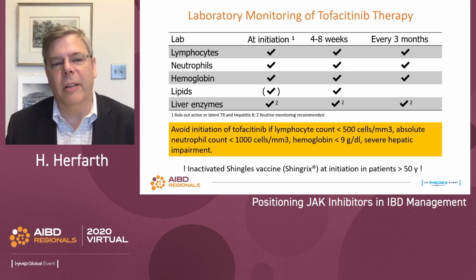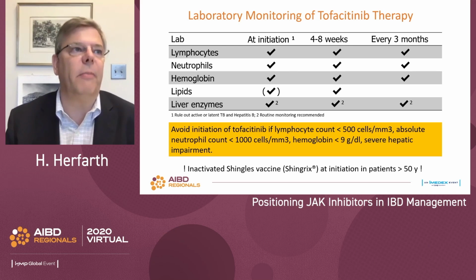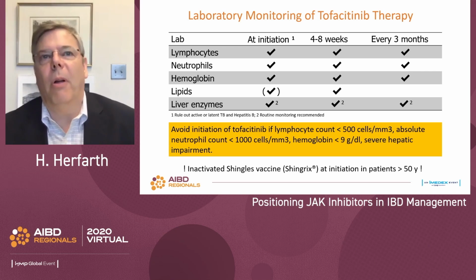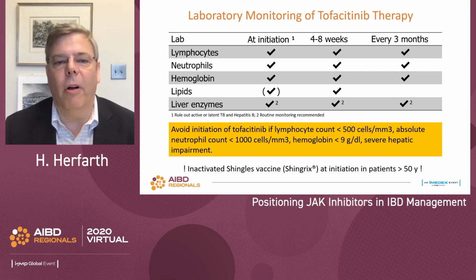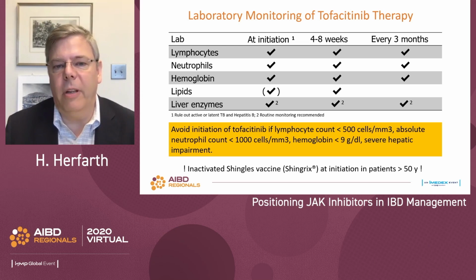However, there was no signal in the clinical trials that a significant anemia occurred. This is mainly because tofacitinib blocks the JAK2 pathway, which is involved in hematopoiesis. And you should not start tofacitinib if there's severe hepatic impairment, because it's metabolized by the liver, and you significantly increase the tofacitinib levels if you have hepatic impairment.